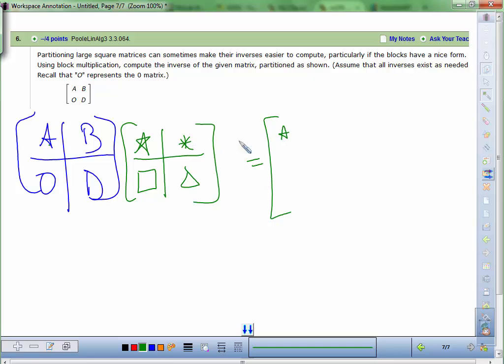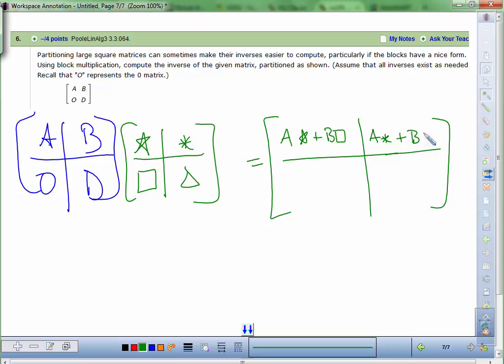And so if we were to do a matrix multiplication on this, pretending they're like 2 by 2 matrices, we have A times star. My A looks like a star, maybe I'll write my A a little more carefully. Plus B times square, and then A times asterisk plus B times triangle, and then zero matrix times star, which will disappear because that's a zero matrix, plus D times square, and then 0 times asterisk plus D times triangle.